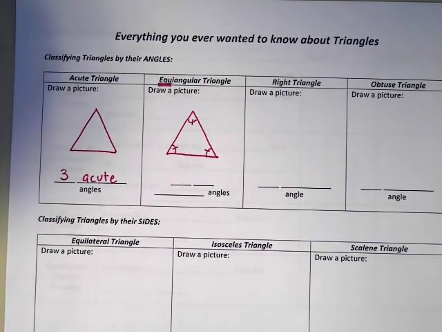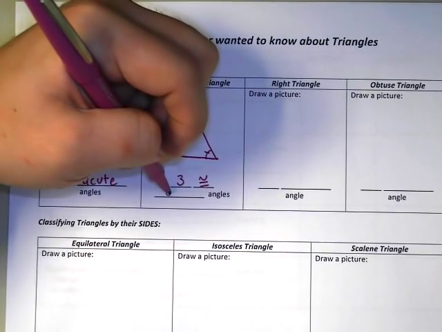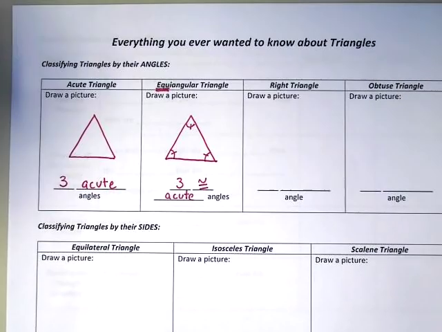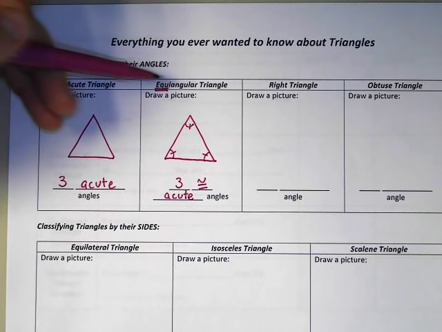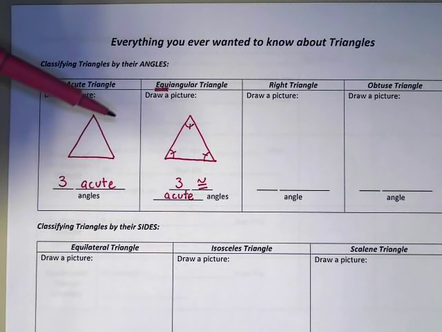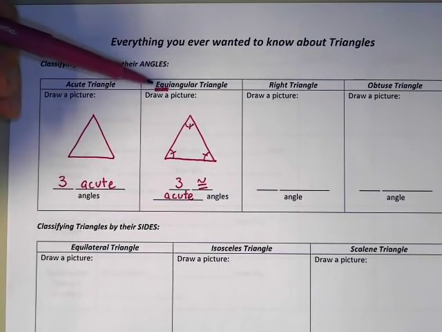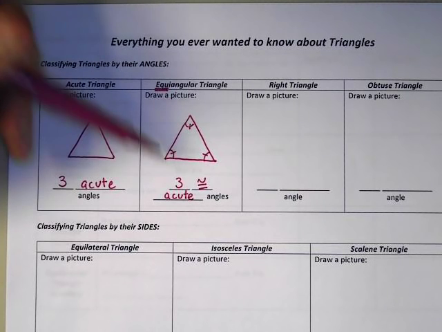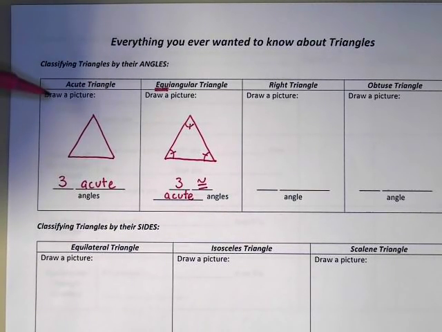And so now what I will say is 3 congruent acute angles. The only difference between acute and equiangular is that in an acute triangle, all of the angles must be acute. But in an equiangular triangle, all 3 acute angles must also be congruent.